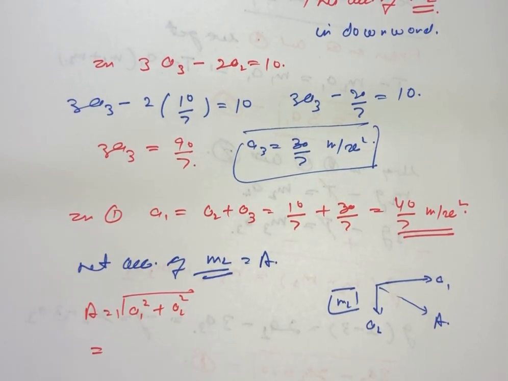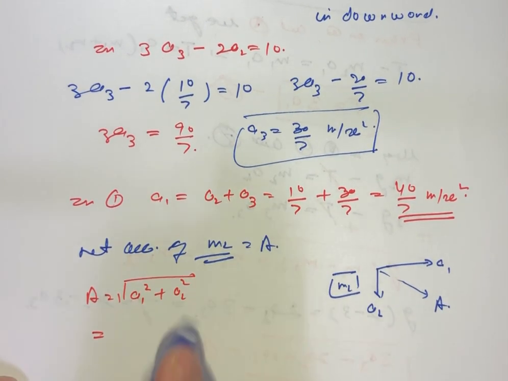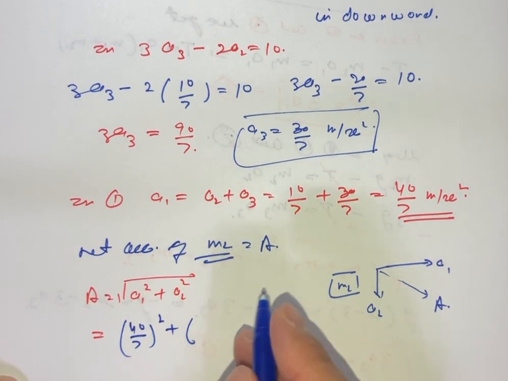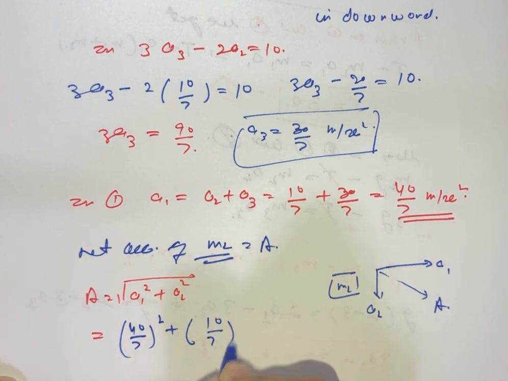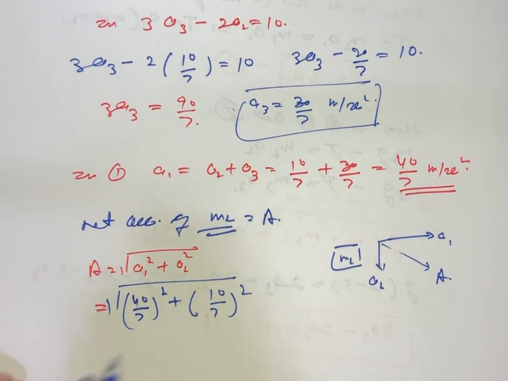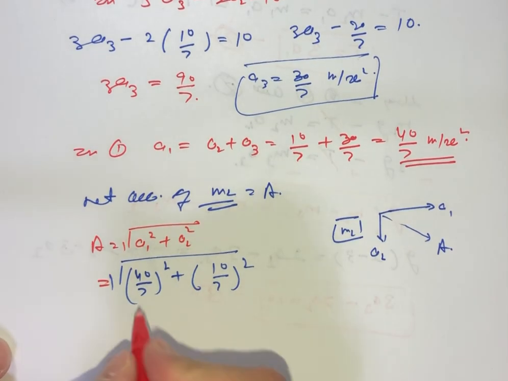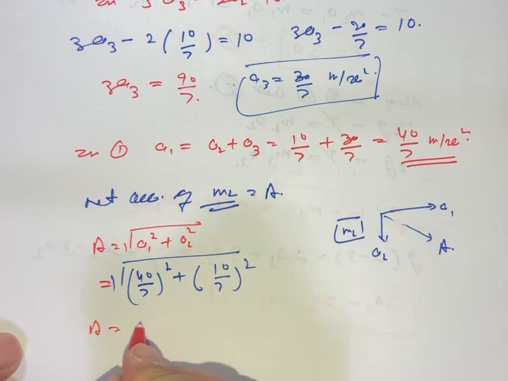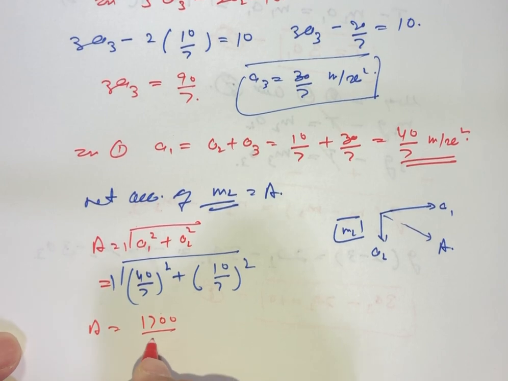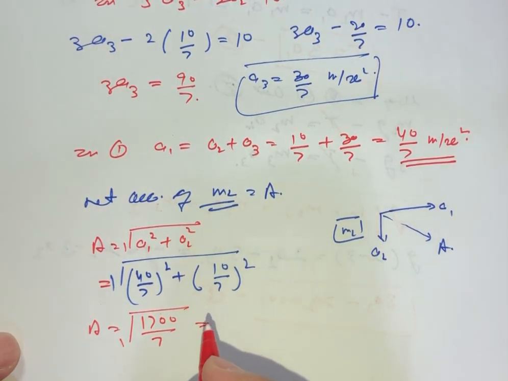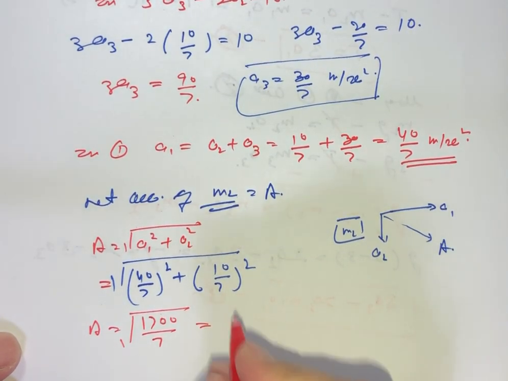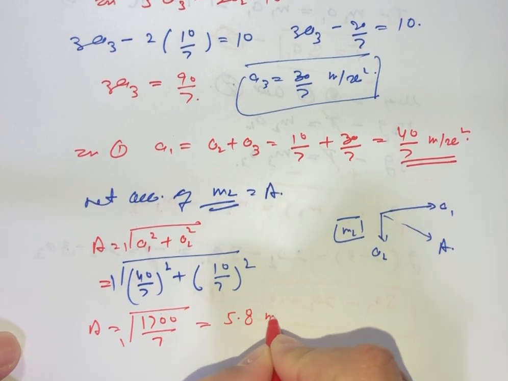We already know the values. a1 is 40 by 7 squared, plus a2 is 10 by 7 squared, and its square root. So we can say that our A will be 1600 plus 100, that is 1700, over 7, and its square root. So this will be coming approximately as 41 by 7, or we can say 5.8 meter per second square.